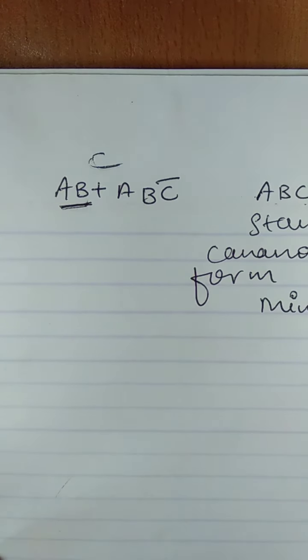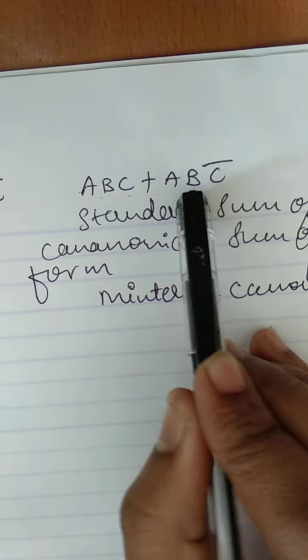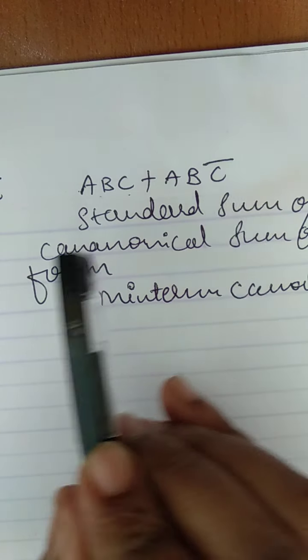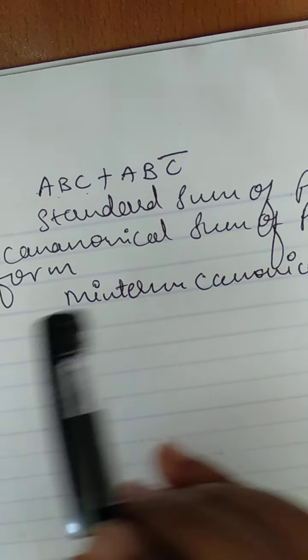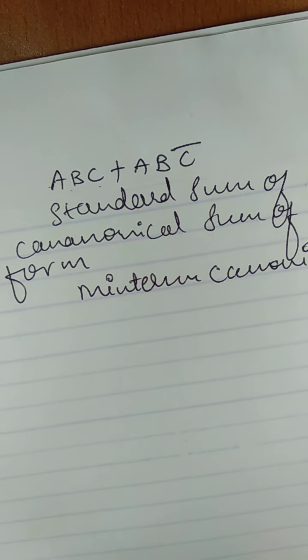If each term in sum of product form contains all the literals, then it is known as a standard sum of product. For example, ABC plus ABC bar. This is known as a standard sum of product. It is also called a min-term canonical form.